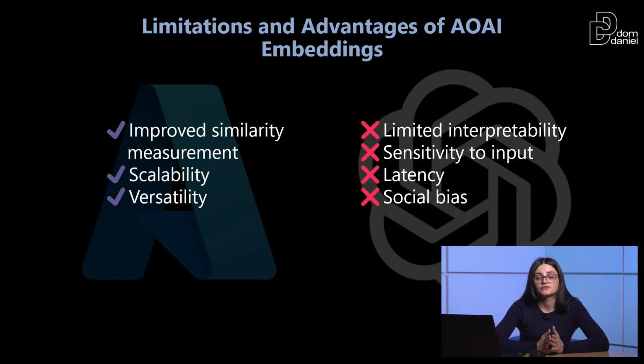And that is why Microsoft identifies responsible AI principles when working with these AI systems. And the last disadvantage about which I would like to talk is latency, because sometimes these embeddings can have slower response time.